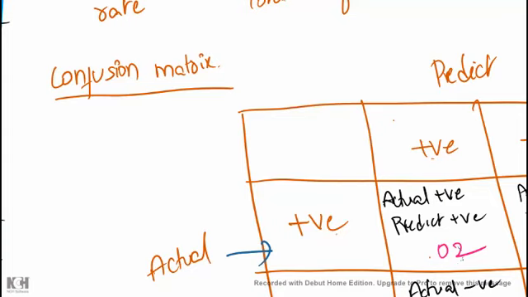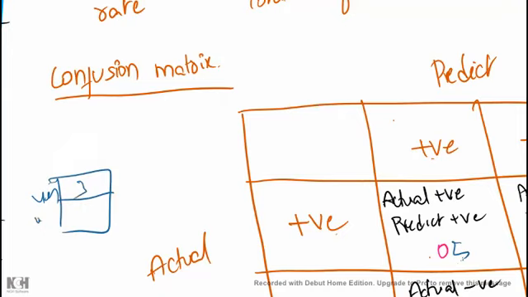Anyone having any doubt in the confusion matrix, how to create it for a given data set? Once the actual values and the predicted values are both available, only then can we create a confusion matrix. For only actual data, we can't create the confusion matrix. If you have only actual data, you can get only the totals: actual yeses are 3, actual no's are 7.